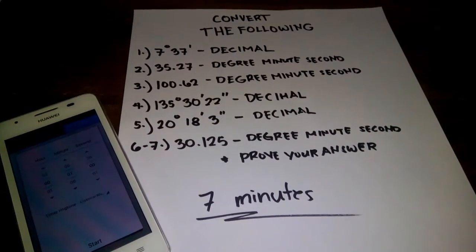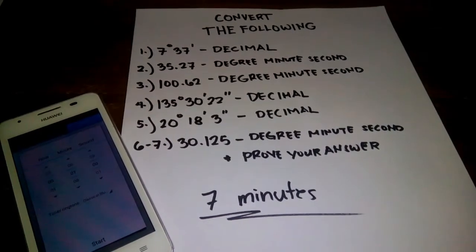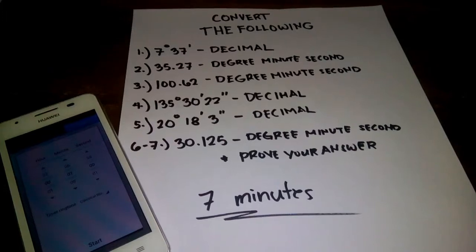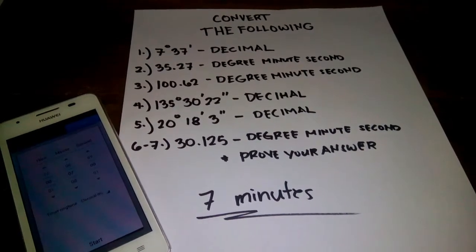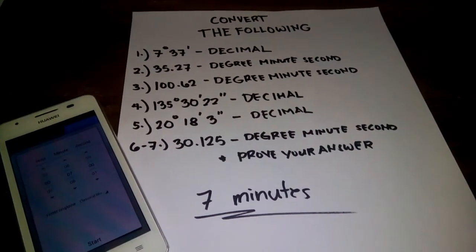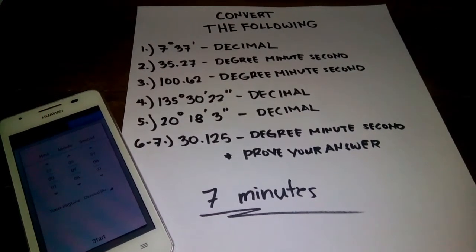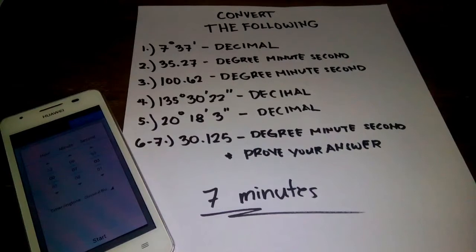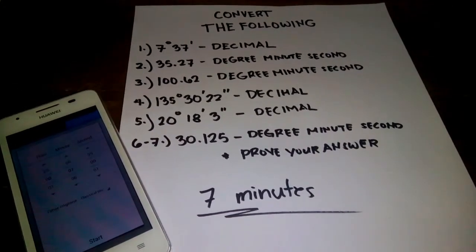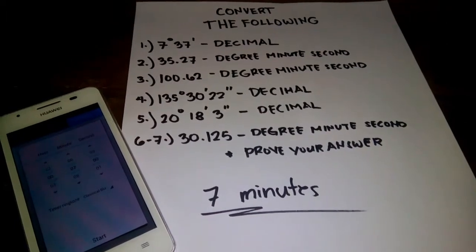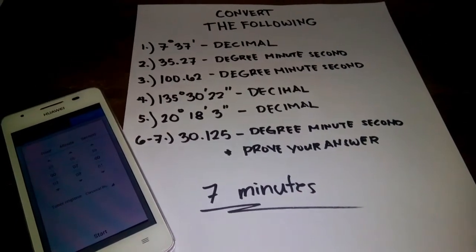Number 4, convert 135 degrees, 30 minutes, 22 seconds to decimal. Number 5, convert 20 degrees, 18 minutes, 3 seconds to decimal. Number 6, convert 30 and 125 thousandths to degree, minute, and second, but prove your answer by converting your answer, which is degree, minute, second, back to decimal.